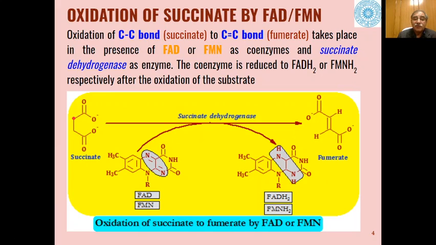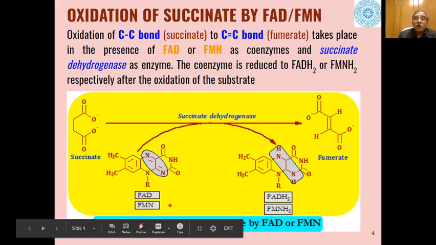So one hydrogen from here, one hydrogen from here, will be shifted, one hydrogen to this nitrogen and one hydrogen to this nitrogen, and this carbon-carbon single bond will be converted into a carbon-carbon double bond. So this is how the oxidation of the substrate will take place in presence of either of these two as coenzymes.